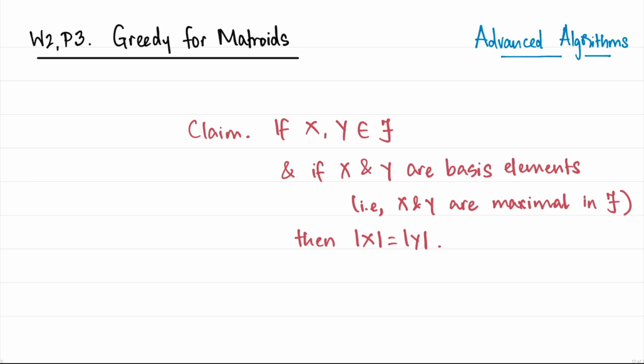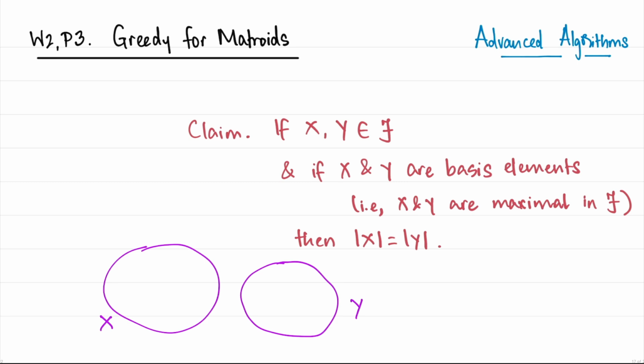This follows from the exchange property, and we'll see if we also need to invoke heredity. So we have X and we have Y, and for the sake of contradiction, suppose this is not true. Suppose X and Y don't have the same size, then either X is bigger than Y or Y is bigger than X. Let's just assume that X is bigger than Y, so Y is now a smaller set.